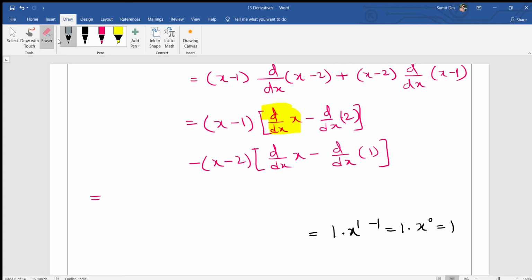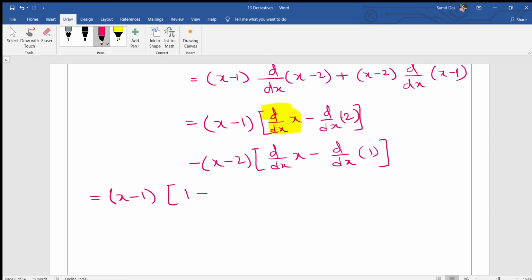So here it will be x minus 1, derivative of x will be 1 minus derivative of 2. Whenever a constant is there, the derivative will be 0. Similarly, x minus 2, here derivative of x minus derivative of 1. So the derivative of x will be 1 and the derivative of 1 will be 0.